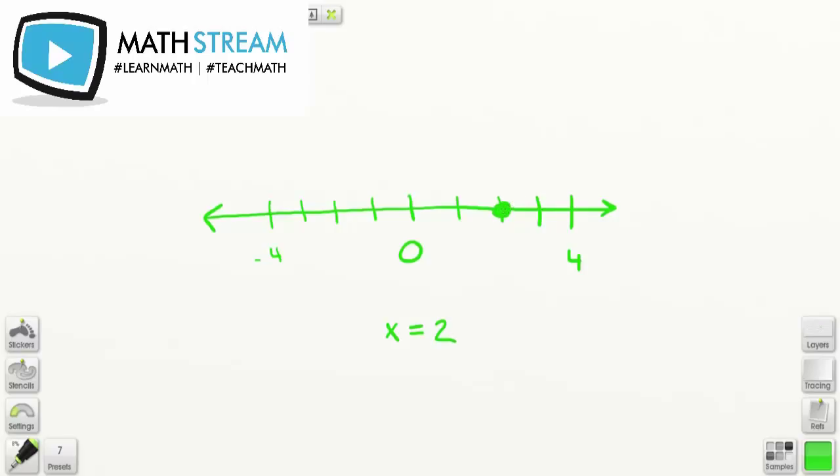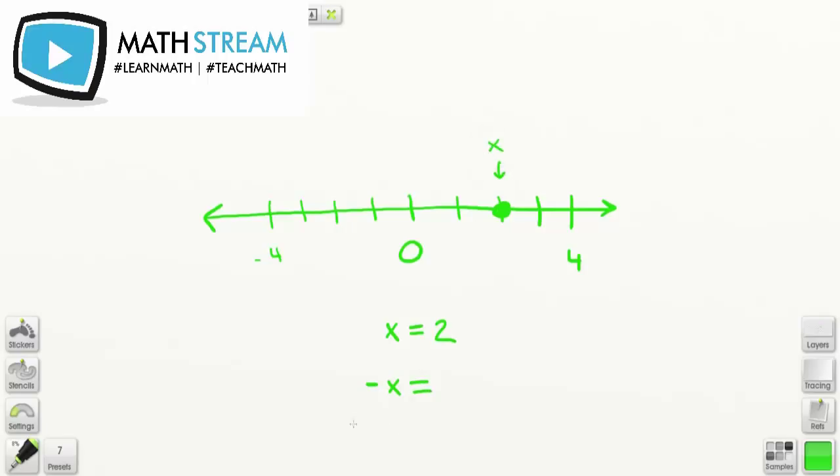When I plot this dot, I can also use it to make assumptions about what I know about negative x. So what I'm saying right now is that positive x is equal to 2. And then I might ask myself, what is negative x equal to then? So this is positive x. So what is negative x?